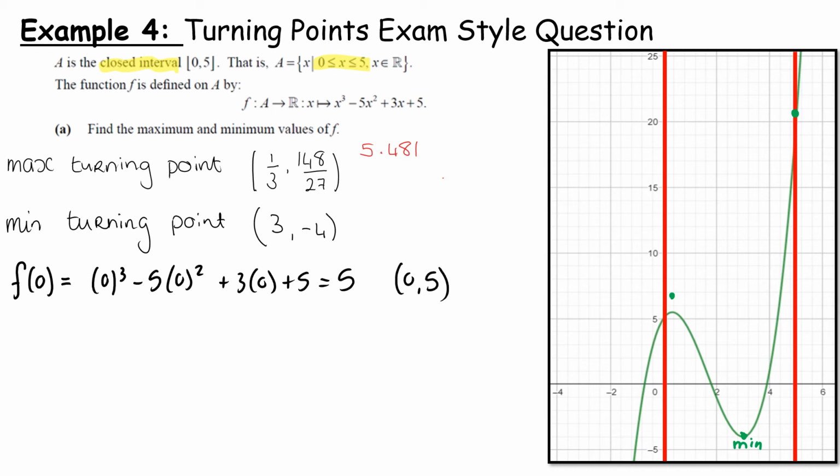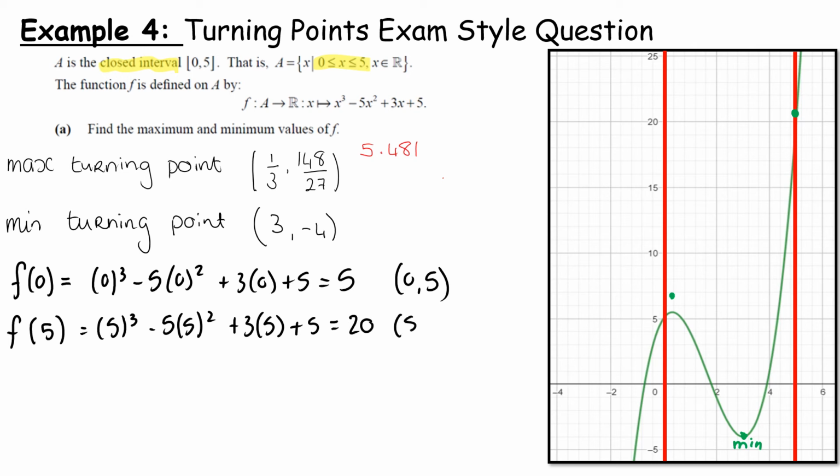And also the end of the interval, which is f of 5. So that is 5 to the power of 3 minus 5 squared plus 3 times 5 plus 5, and when you do that you get 20. So that's the point 5, 20.